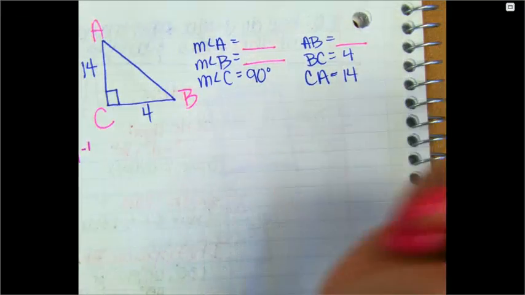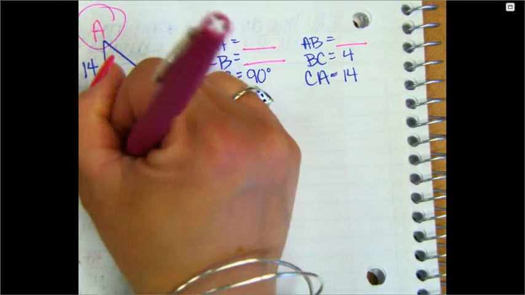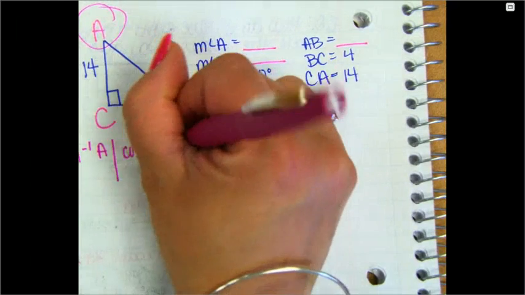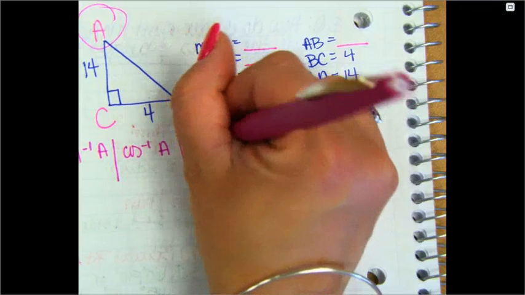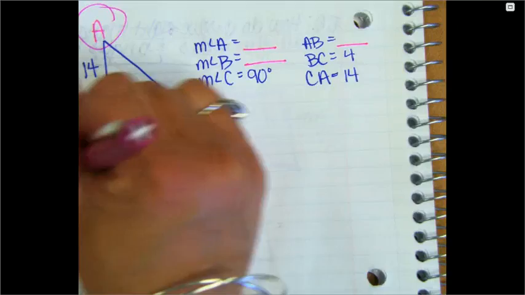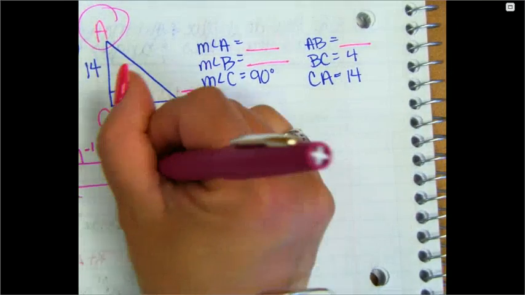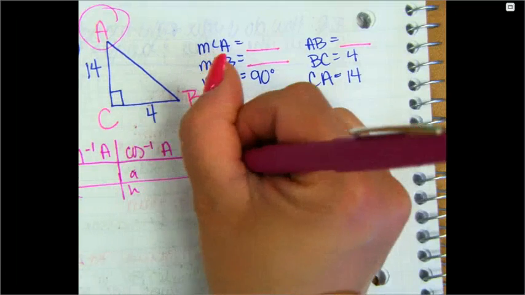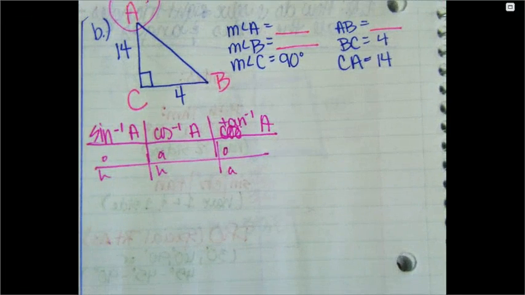What angle do you want to use, A or B? All right, let's use A. For A, what is your hypotenuse?